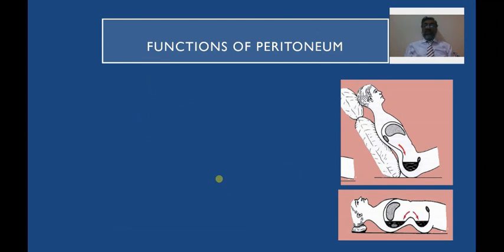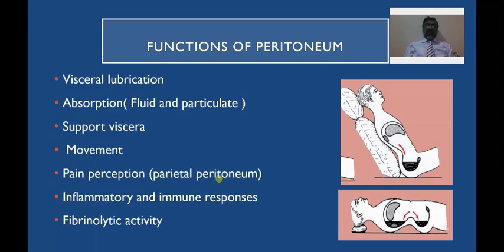And what are the functions of peritoneum? Can anybody tell? Yeah. Number one is to lubricate its viscera. The second function is absorption of fluid and small particulate matter. Third function is to support various viscera. The fourth function is to allow movement between different viscera.